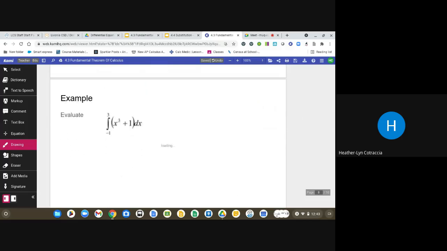Let's give an example. And this one right here, let's just use that sum rule really quick. So we have the integral from negative 1 to 3 of x cubed dx plus the integral from negative 1 to 3 of 1 dx. If you don't mind, I'm going to say 1x to the 0.